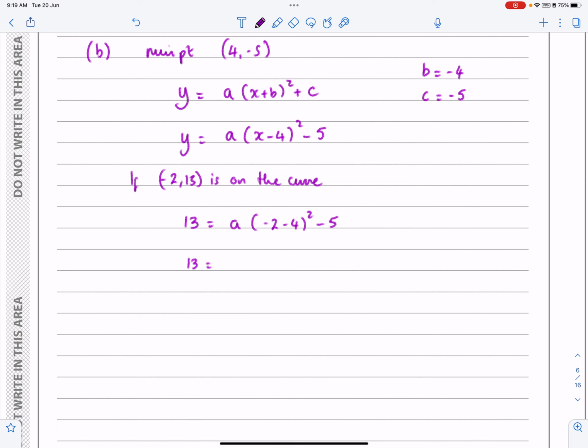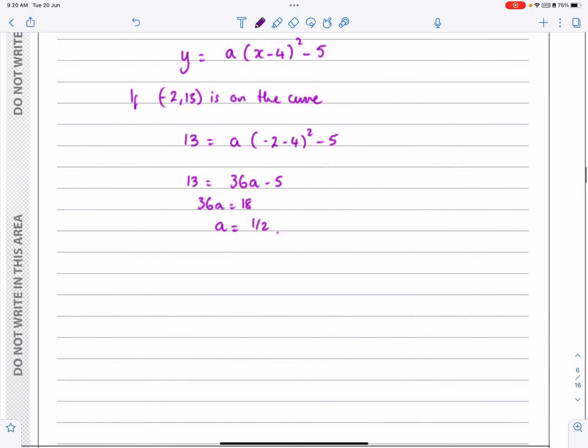Minus 6 squared is 36, so 13 equals 36a minus 5. So 36a works out to be equal to 18. a works out to be equal to a half. So my equation then is y equals a half (x minus 4) squared minus 5.